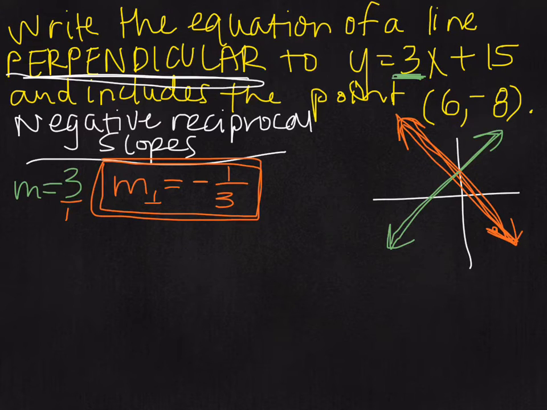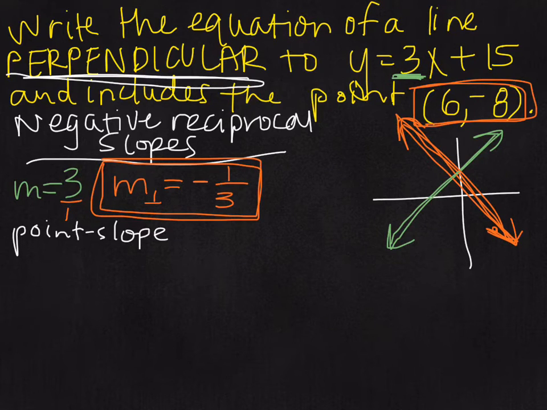Now, since we have this slope and we already have the point that it goes through, I can use the point-slope formula. We have a formula perfect for this, the point-slope formula of an equation, which is y minus y1 equals m times x minus x1. So I'm just going to plug in what we know.